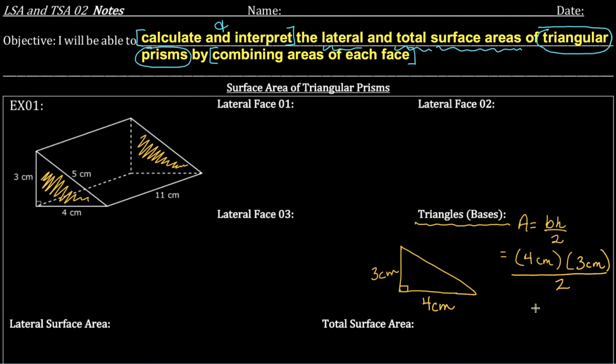So 4 centimeters times 3 centimeters is 12 centimeters squared, or 12 square centimeters, divided by 2. And then we end up with 6 square centimeters. And that is the area of our triangle.